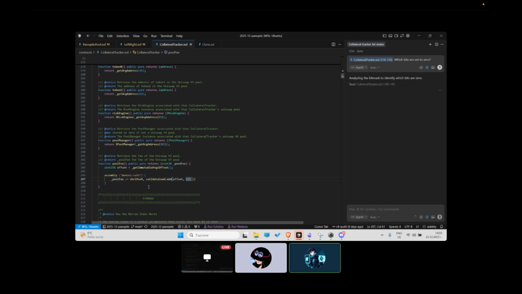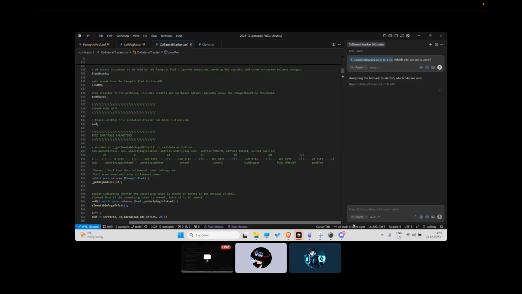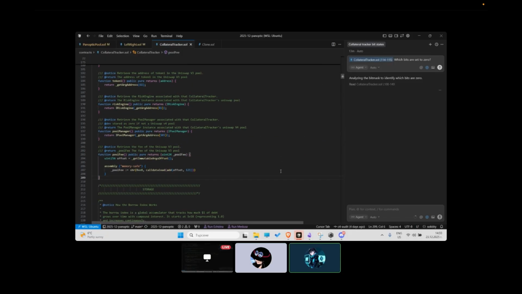But it's the same. So 0xe8 should be 256 minus... How many bytes is this pool fee? It's 24 bits. So it's 256 minus 24, which is 232.